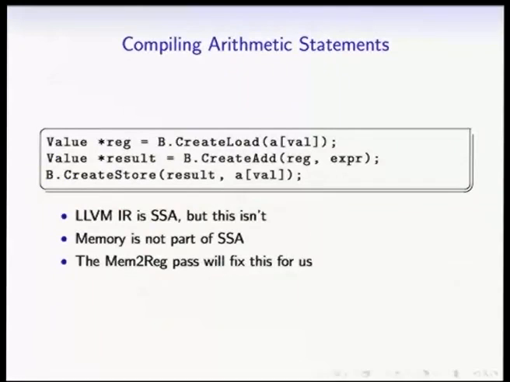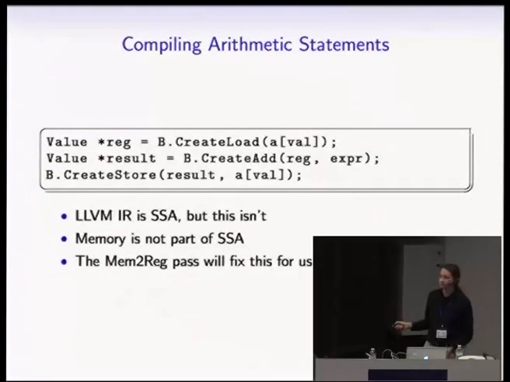Arithmetic statements in this are really easy. We load the old value, do an add or a multiply or a divide or whatever, and then store the new value. All of the arithmetic instructions are just done by this little switch statement which computes the result.